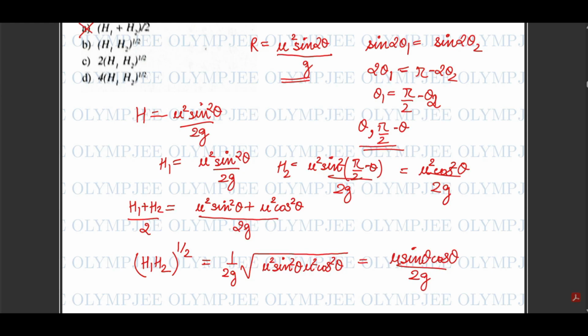h1, h2 raised to power half, which is common in all three options. So this will become square root of u square sine square theta u square cos square theta by 2g, which will become u sine theta cos theta by 2g, and this has 2 theta, so we need a 2 here, right?